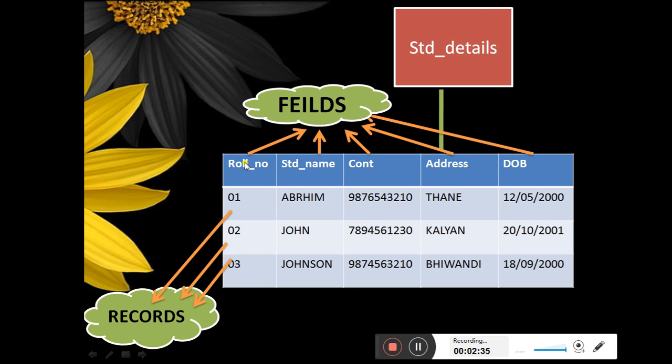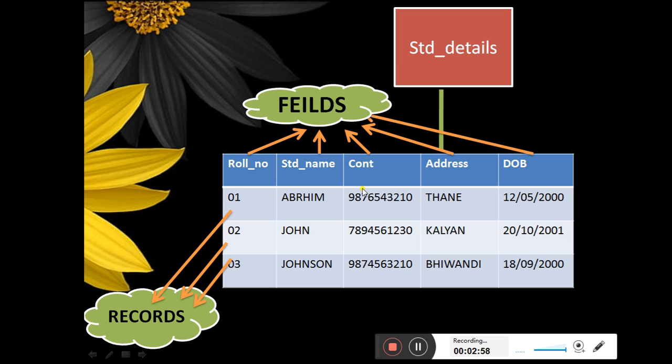This is the first field, roll number, second field, student name, third field, contact number, fourth field, address, and fifth field is date of birth, where we are going to store data. In roll number we are going to store number type of data, correct? In student name we are going to store text.